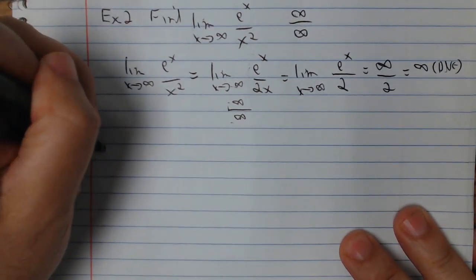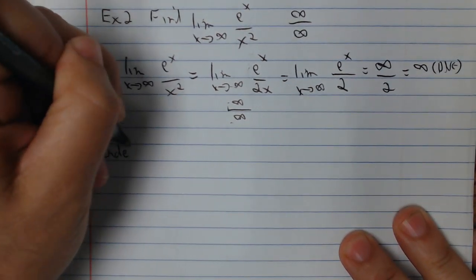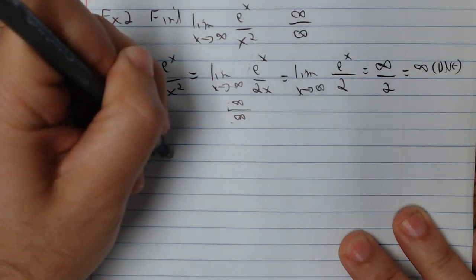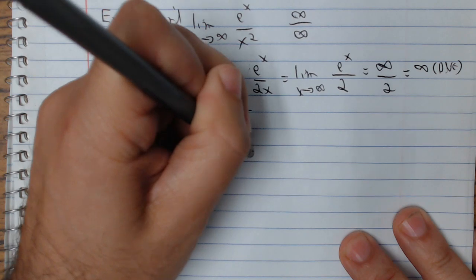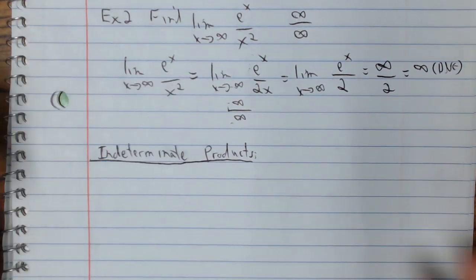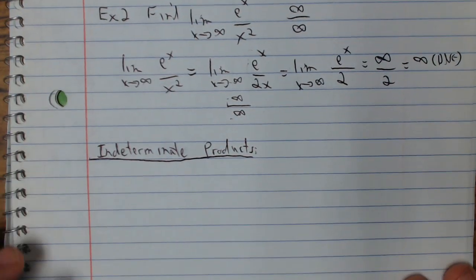We could also have indeterminate products. And so what are the cases where I get indeterminate products? So let's define this.